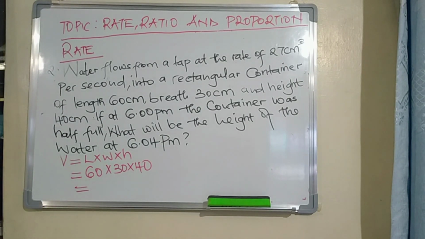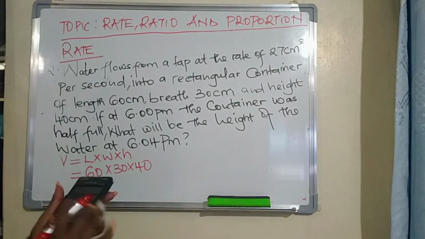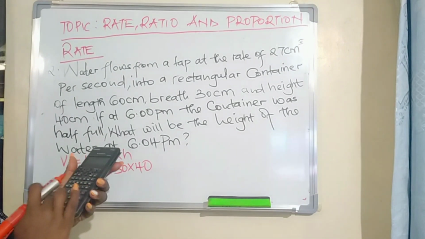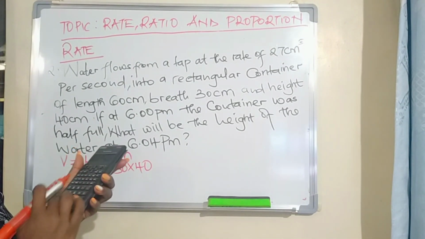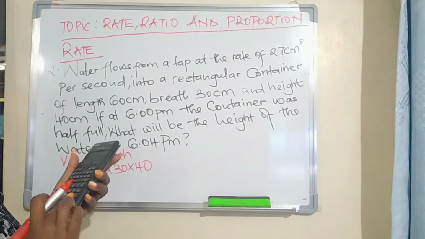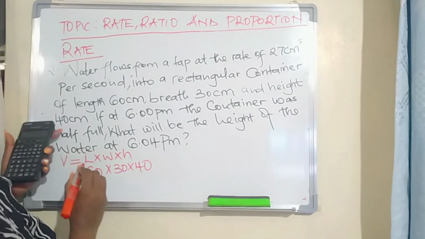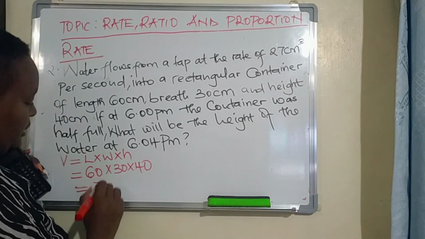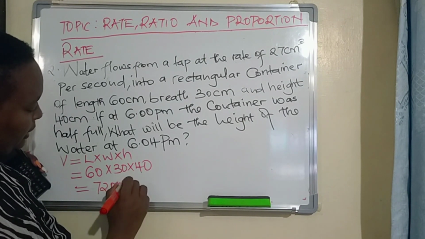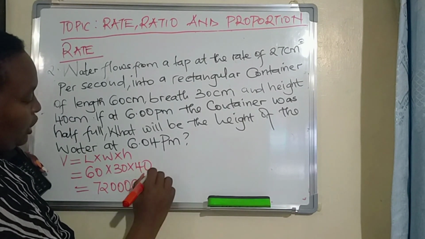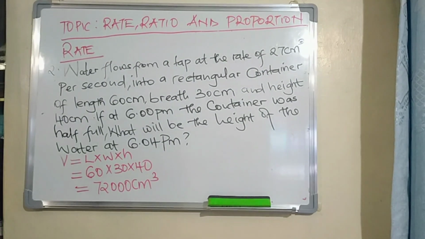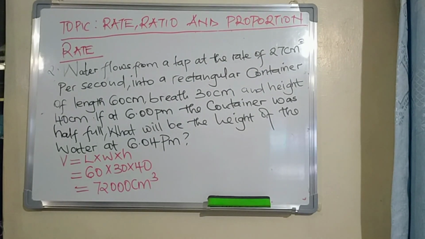Now this gives us a volume of 72,000 centimeters cubed. That is the total volume of this rectangular container.